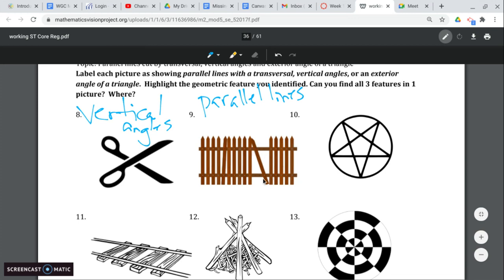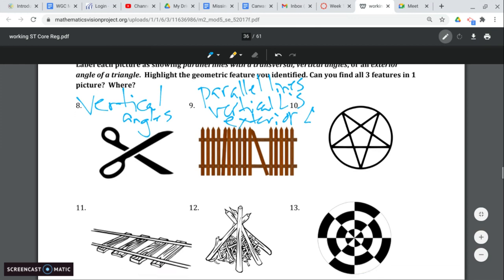This one and this one would be the same. We've got vertical angles going on in there. And look, we have a triangle formed right here with an extended side. So we have an exterior angle of a triangle too. So I'm just going to say exterior angle.